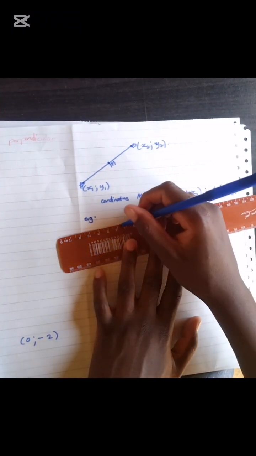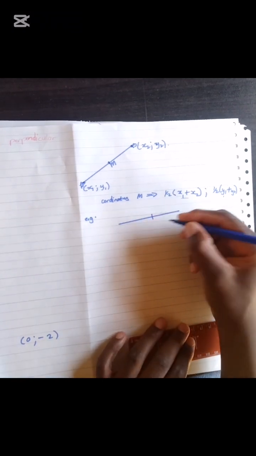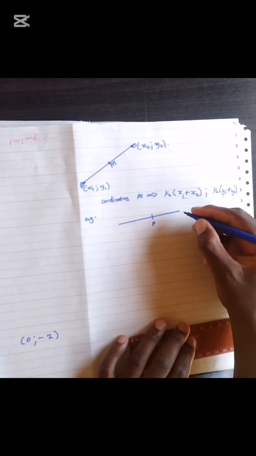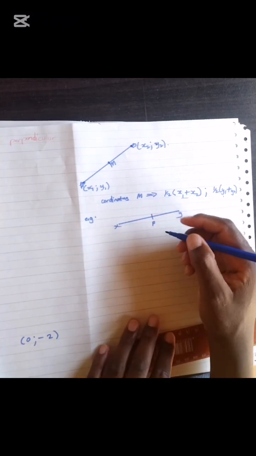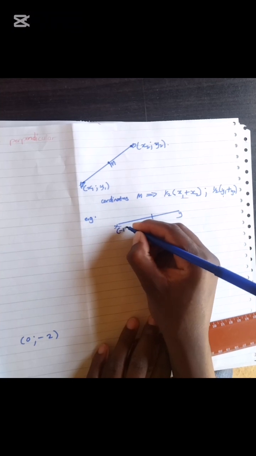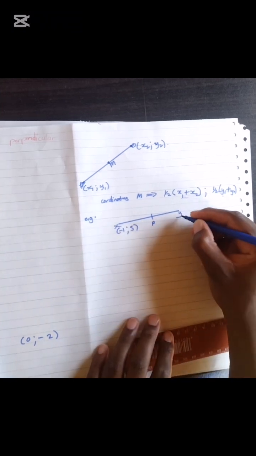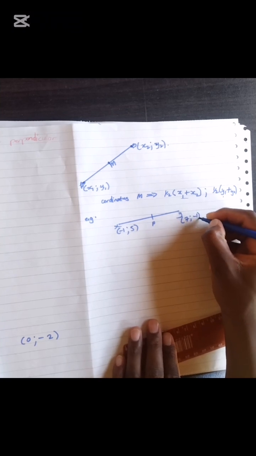So for example, say we have a line like this one, and this is the midpoint P. Say our line is XY, where the coordinates for point X are (-1, 5) and the coordinates for Y are (7, -1).